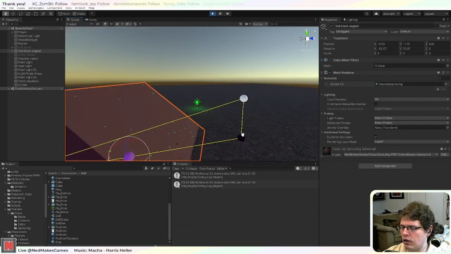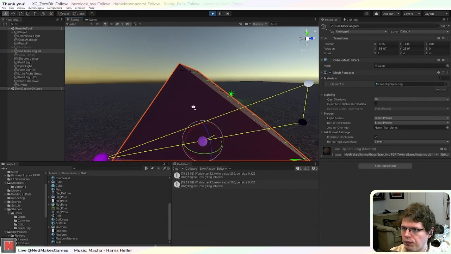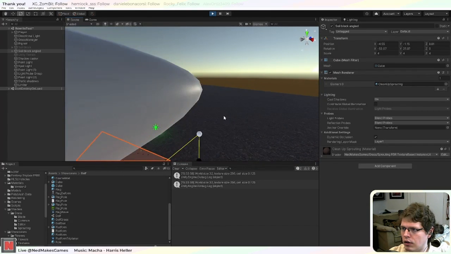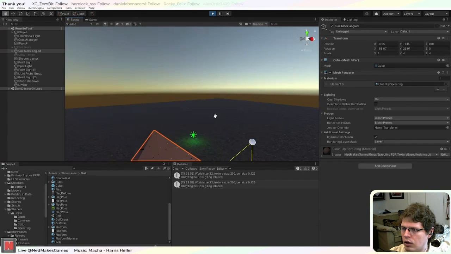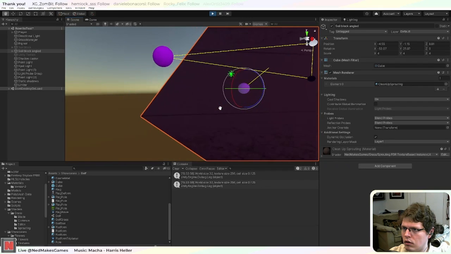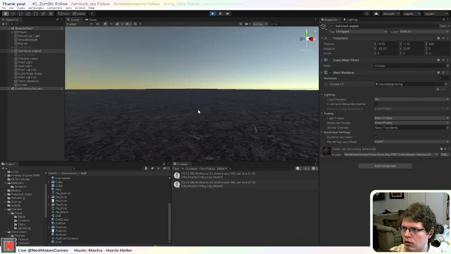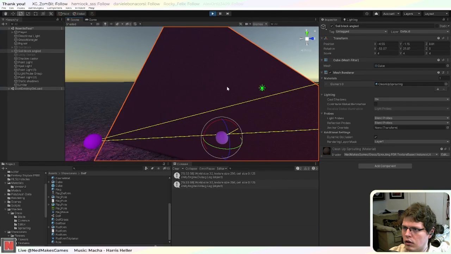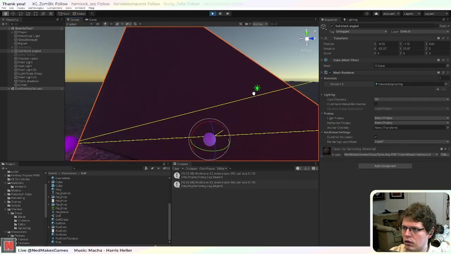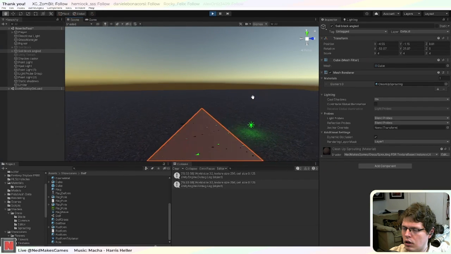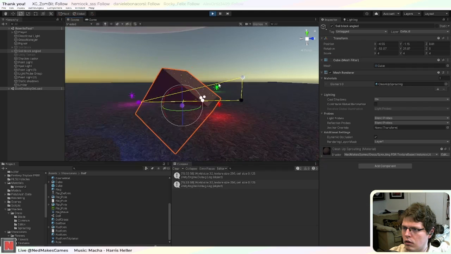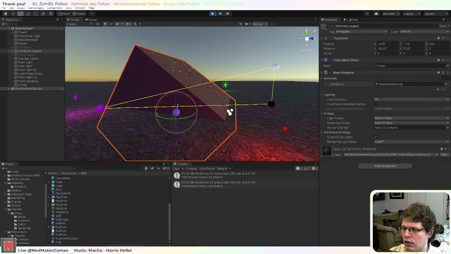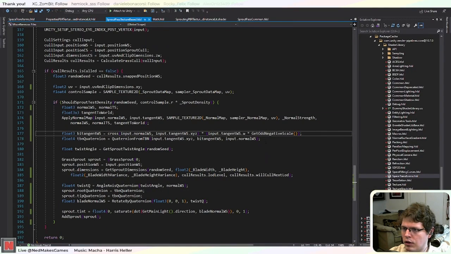Oh, because this is the, yeah, so this is a Quaternion to rotate. Well, is this even the right direction? Yeah, so in this way, the normal vector, which should be up, is in the z-axis.